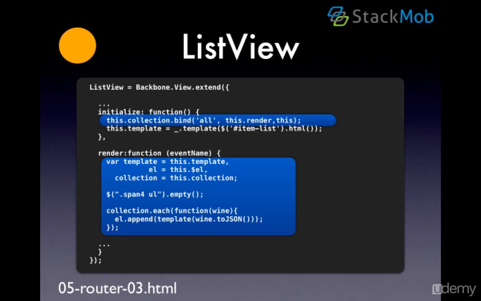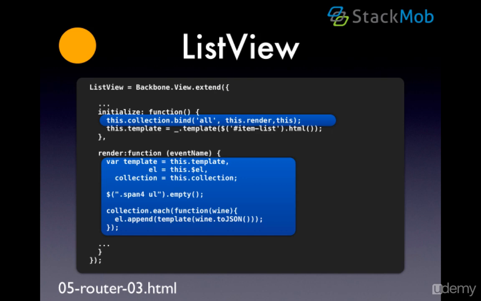Inside of that render method, I'm grabbing the template, the element, and the collection, assigning those to local variables. I'm emptying the unordered list inside of that span4, and I'm looping over that collection of wines and appending each wine element through that template to my unordered list.